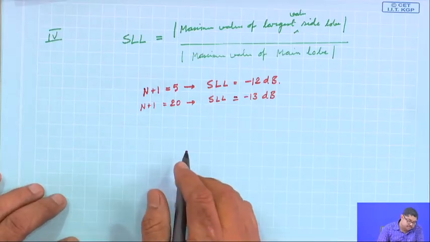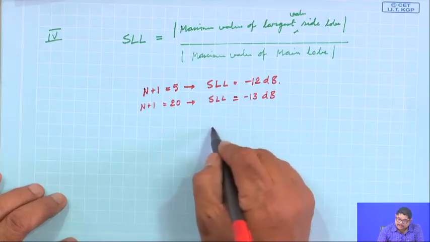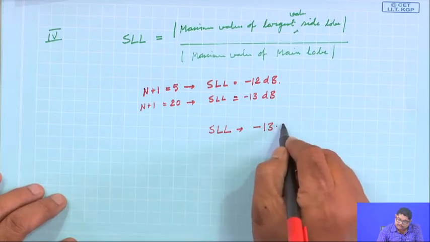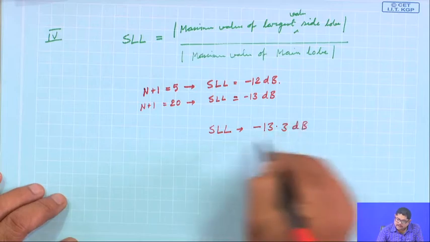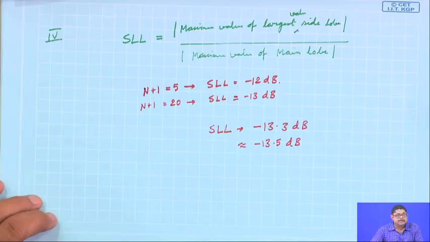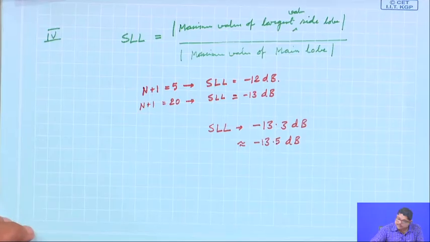If you have larger than this, SLL will approach the value that we have already derived, 13.3 dB, or roughly we call it minus 13.5 dB. So, the side lobe level cannot be put below minus 13.5 dB by a uniform array.